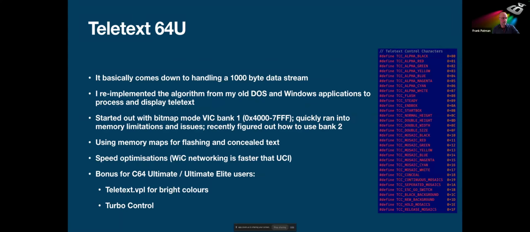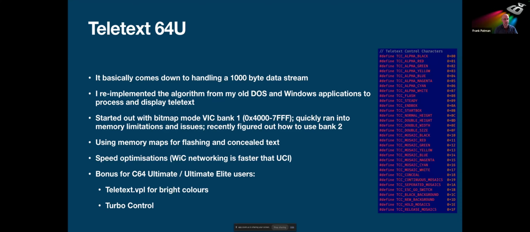Another thing with the C64, as you know, is that it has what I call a bit washed out colors, and it works really great for games and demos and all kinds of pictures. But for teletext, we have those really bright red, green, blue, and yellow colors. I used a VPL file for that.